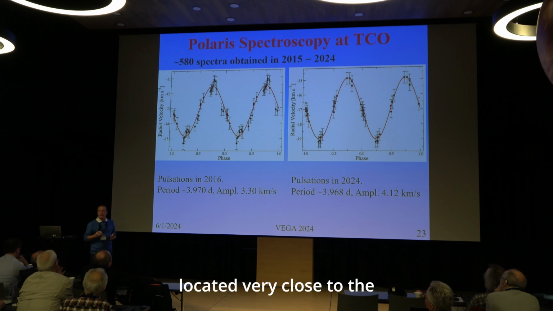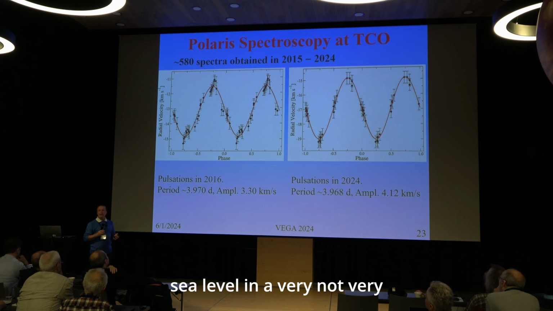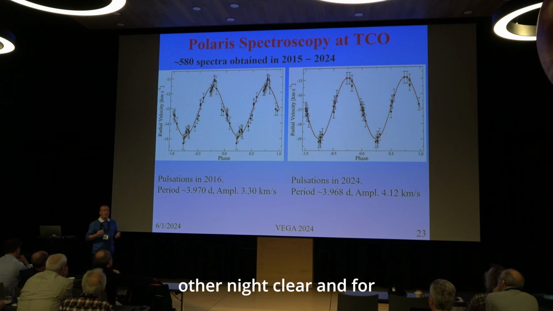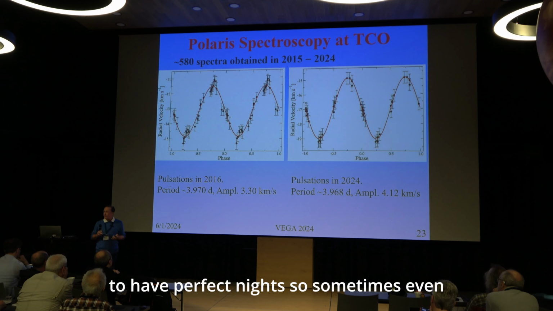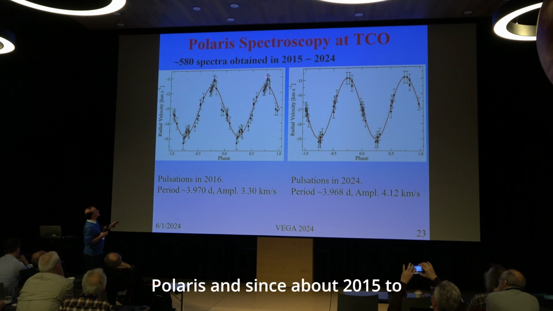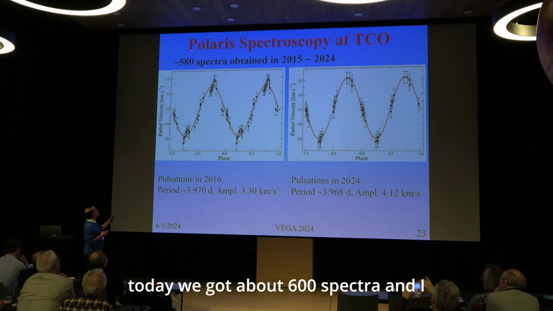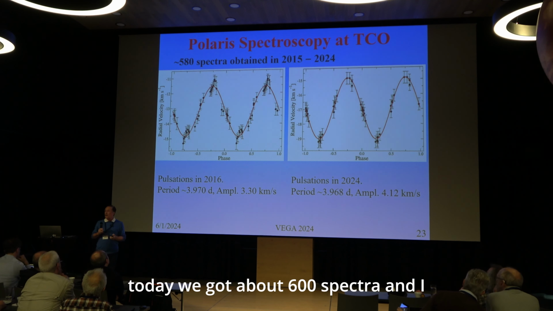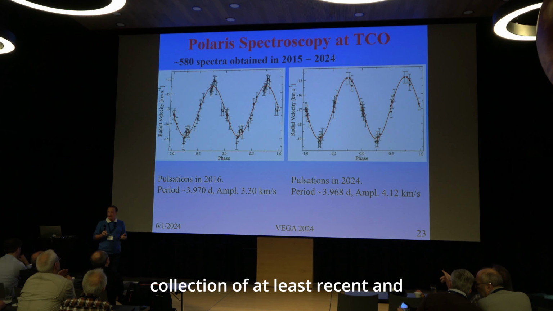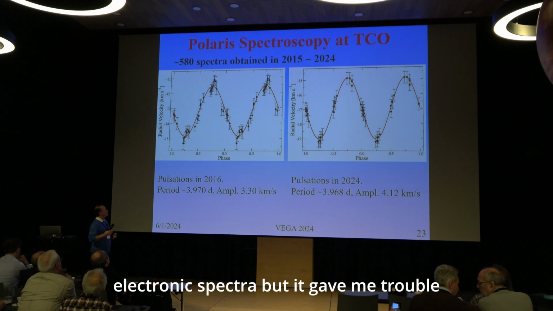Despite being located very close to sea level in a relatively humid region, we have every other night clear. And for spectroscopy, you don't need to have perfect nights. So sometimes, even when it's cloudy, I can do Polaris. And since about 2015 to today, we got about 600 spectra, and I believe it's the largest collection of at least recent electronic spectra.